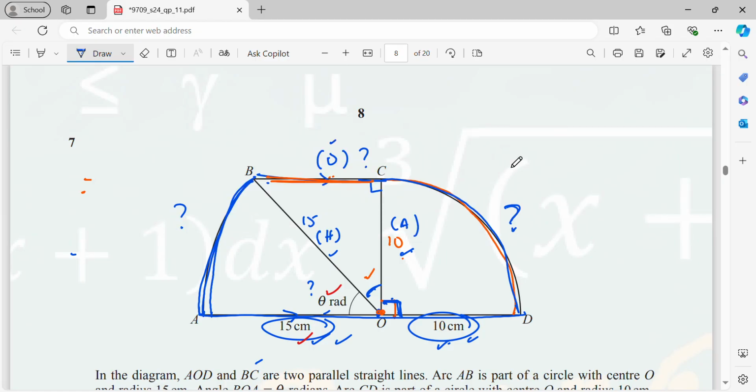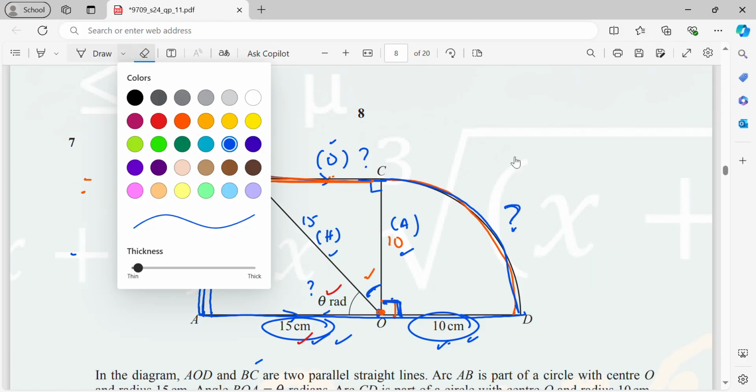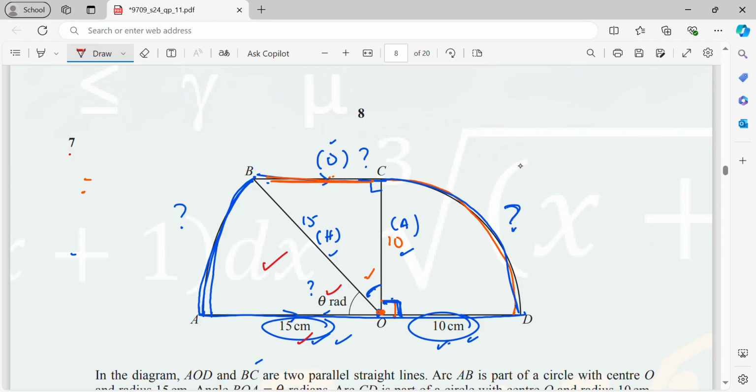Okay, so to get the area of sector, these two area of sector, right? Area of sector plus area of triangle.